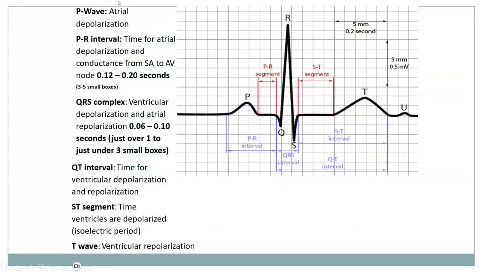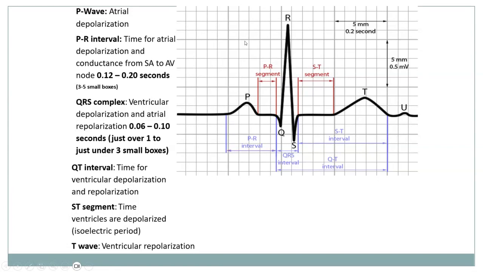Okay, so for the P wave, the atrial depolarization, which is the first stage, it is followed by the PR interval. The PR interval is the time for atrial depolarization and conduction from the sinoatrial node to the atrioventricular node, and it should be between 0.12 and 0.2 seconds, about 3 to 5 small boxes.